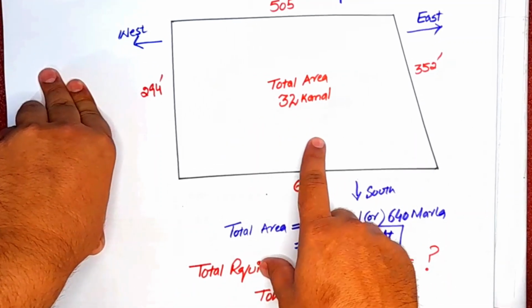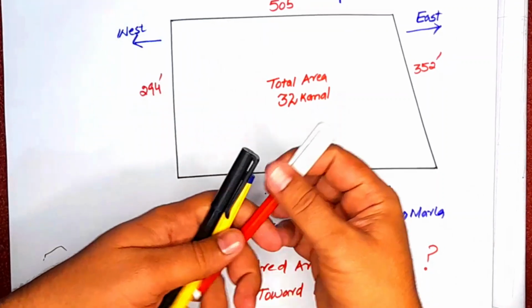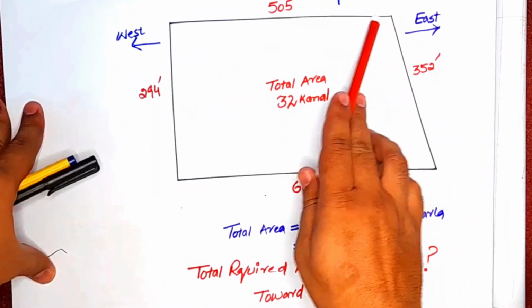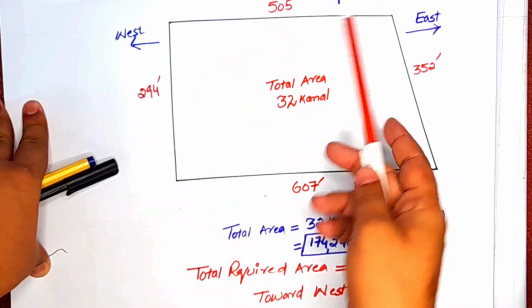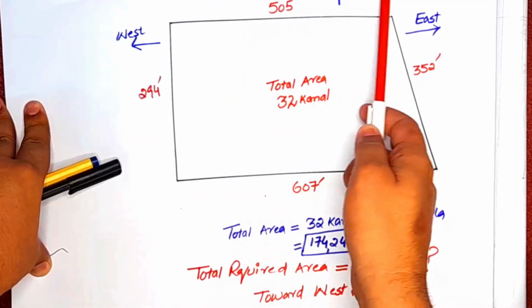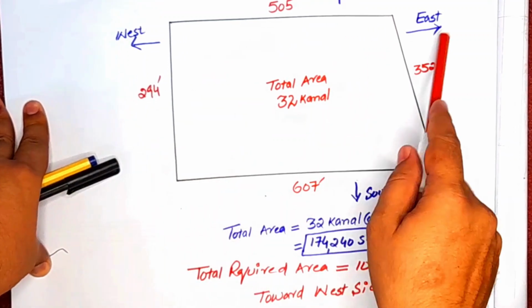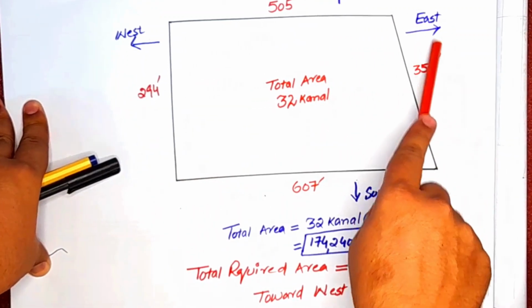I showed you the longitudinal side of the plot. Here is the main road, here is the sub road.